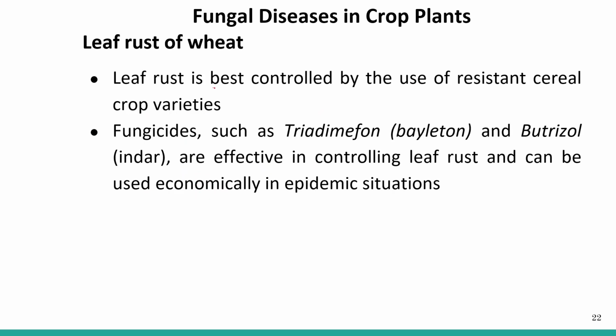Leaf rust is best controlled by the use of resistant cereal crop varieties. So for this leaf rust disease, we can develop some resistant crop varieties. We can also spray fungicides such as triadimefon, that is Bayleton, and butrizol.